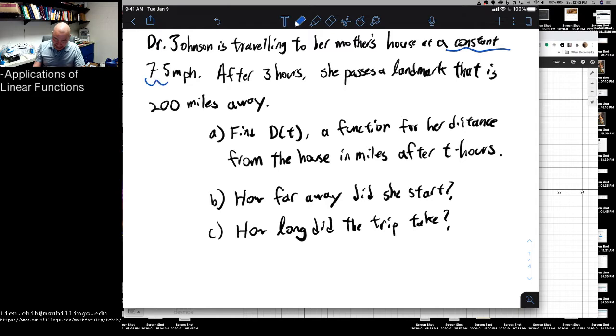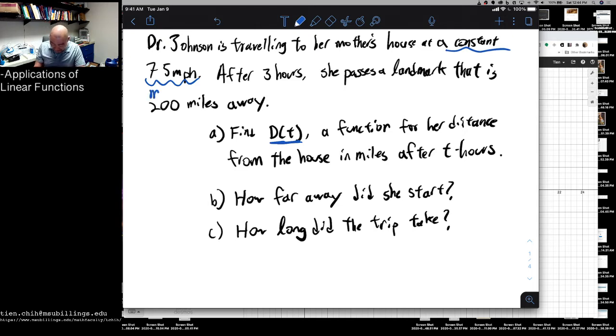What we have is a constant 75 miles per hour, right? Now, if the function we're trying to describe, d of t, is the distance from her mom's house, what we know is that every hour that distance decreases by 75 miles.